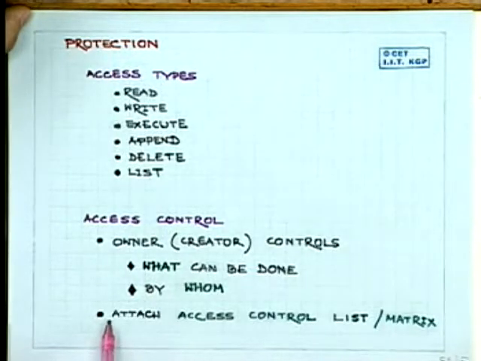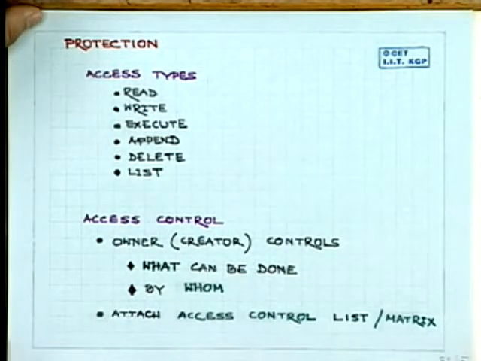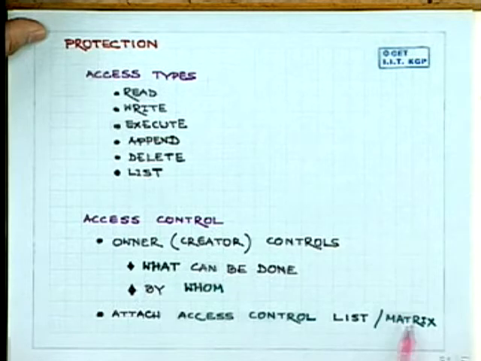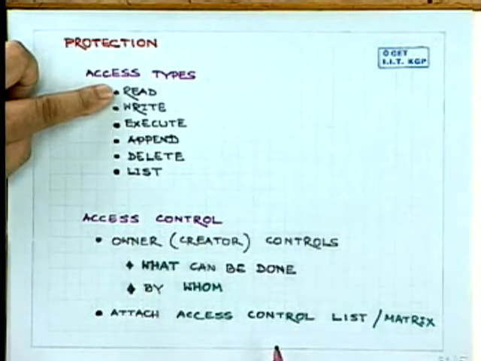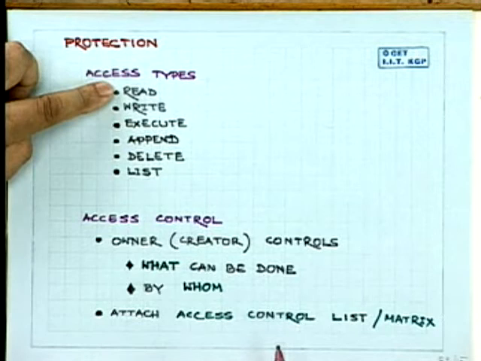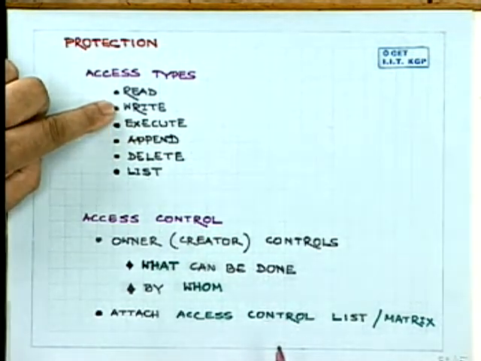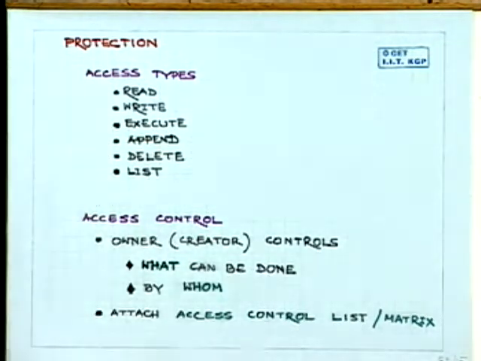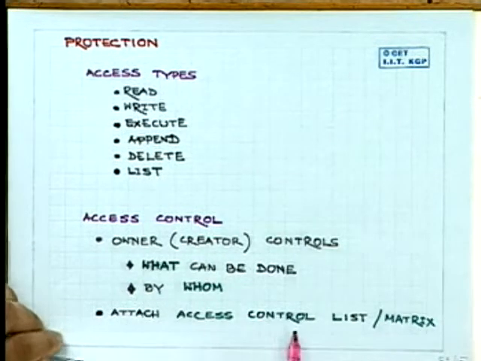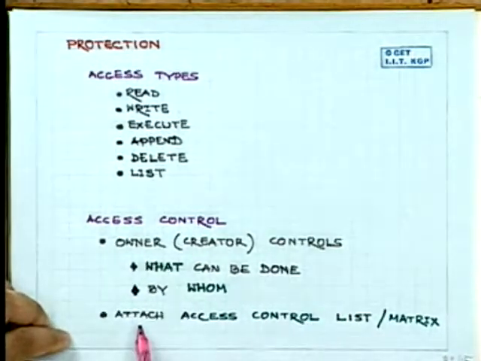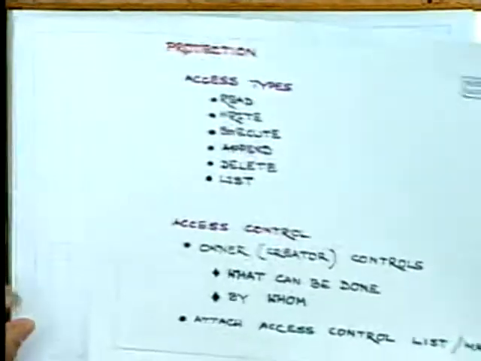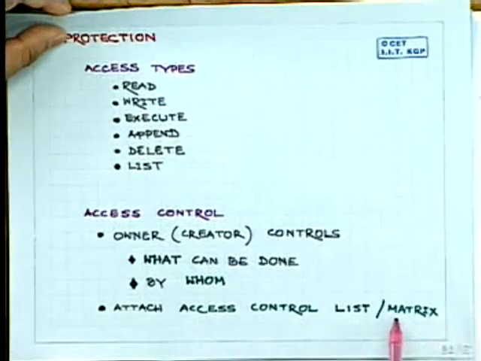One method can be that we attach an access control list or a matrix. For example, by access control list we mean they give a list of all the users which are allowed accesses and the type of accesses. For example, user 1 may be allowed on a particular file to read it and execute it, but not write it, or not append it or delete it. Therefore, we can attach an access control list to a particular file or a subdirectory, or we can attach a matrix also.